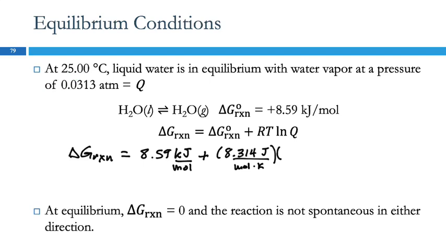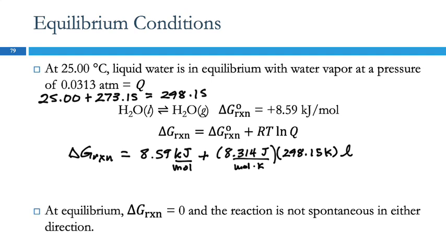We've got 25.00 degrees Celsius, so we should use the 273.15. We're going to get 298.15 Kelvin. Natural log of Q. Here, Q is 0.0313.